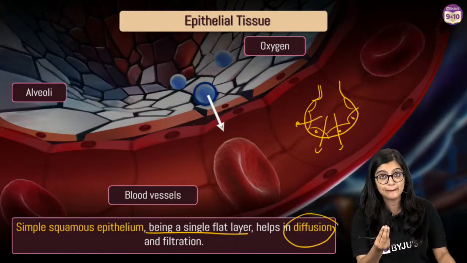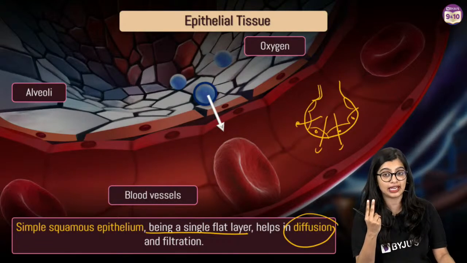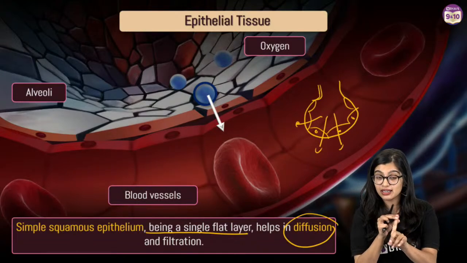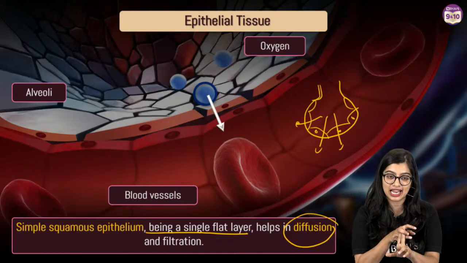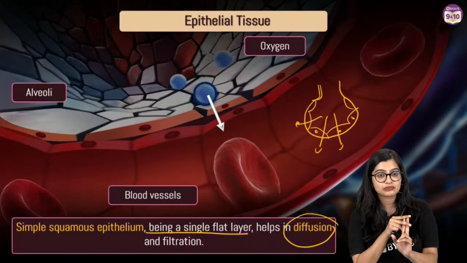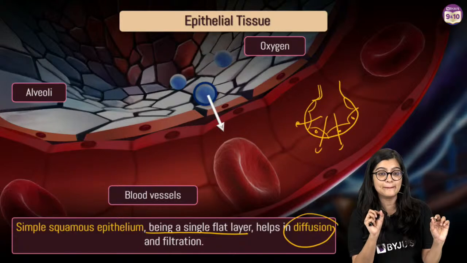So when I say simple, does that mean it is a single layer of cells or multiple layers of cells? Very quickly. Simple means a single layer of cells or multiple layers of cells. I need you all to pay attention. Yes? Have we understood what we mean by the word simple?